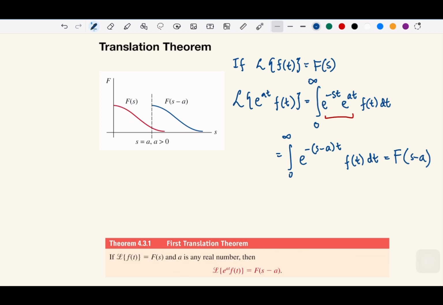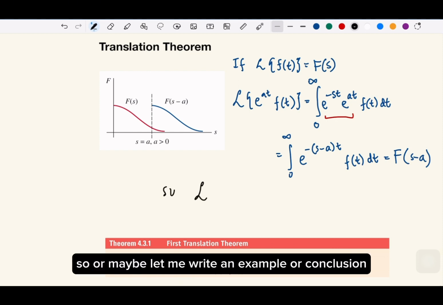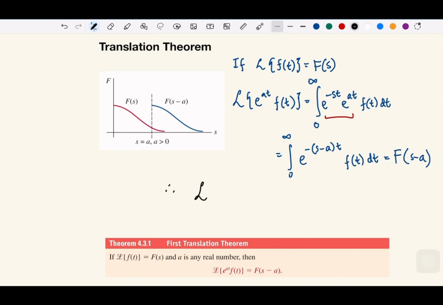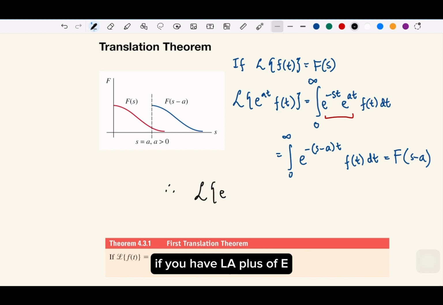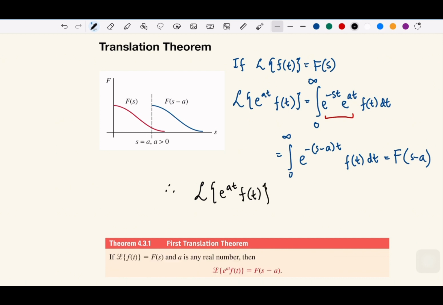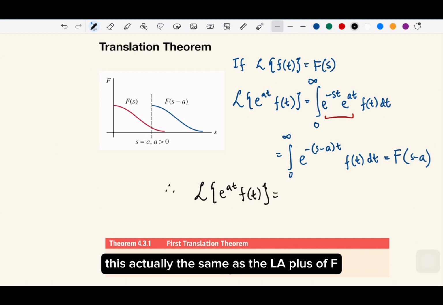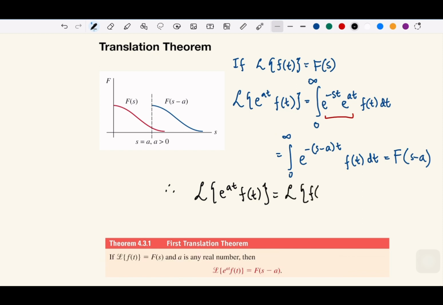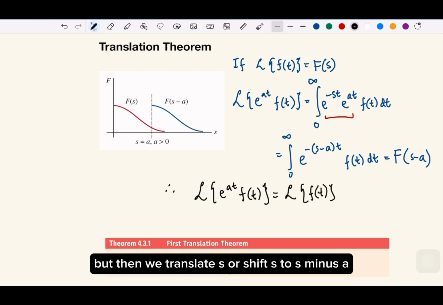Okay, so basically, let me write a conclusion. If we have the Laplace of e to the at multiplied by the function f, this is actually the same as the Laplace of f, but then we translate or shift s to s minus a.